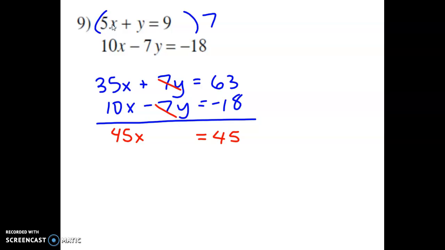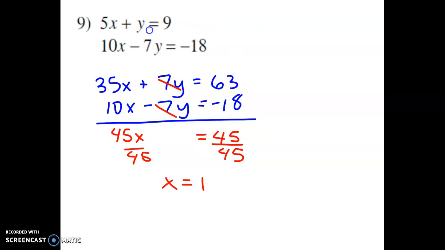Okay, so let's see how we did on this one. This one, number 9, we are going to multiply the top one by 7 so that the y's end up matching up. When we eliminate the y's, we'll just get 45x equals 45, and then we can divide out the 45 to get an x equal to 1. Now once you have your x equal to 1, we can find the y by putting x back into our original equation.